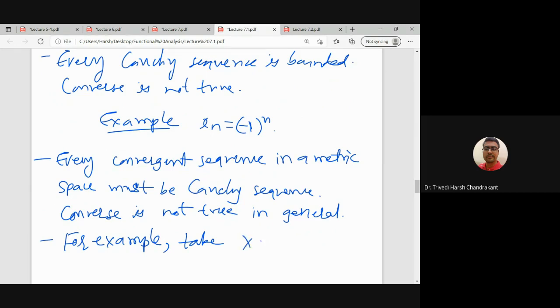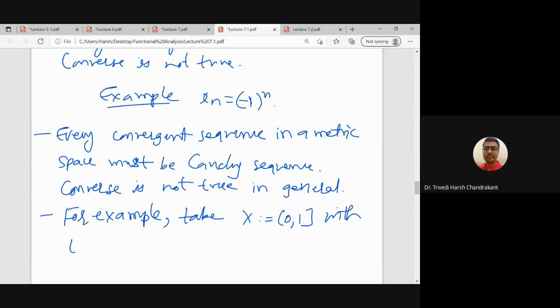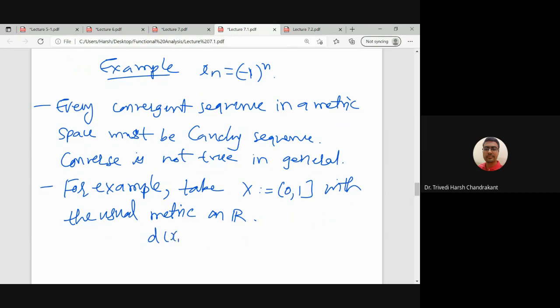For example, we know that R is closed, but in the set of real numbers, if we take the subset which is open 0, closed 1, and since it is a subset of the real line, we take the usual metric on R, the standard metric: distance of x, y is modulus x minus y.